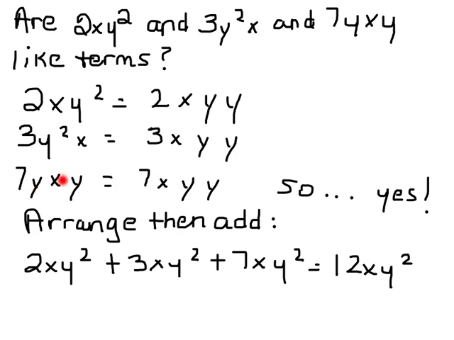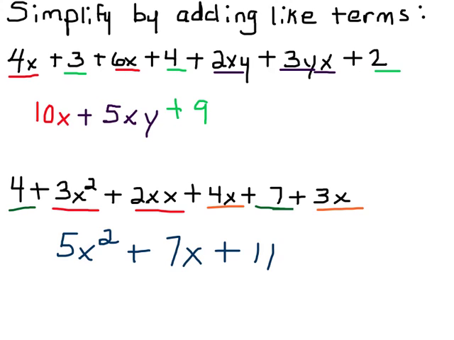And 7yxy would be 7xyy. So, yes, they are all like terms. So we can add the 7, the 3, and the 2 to equal 12xy squared.